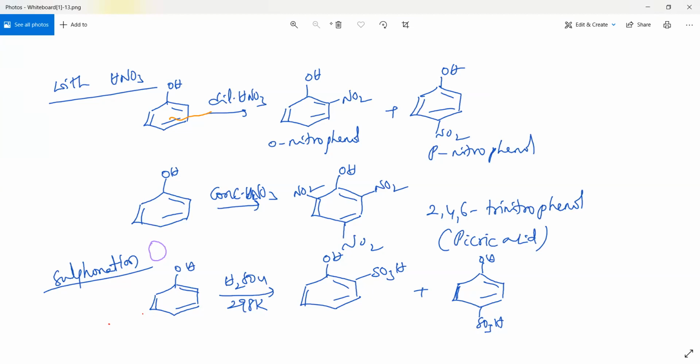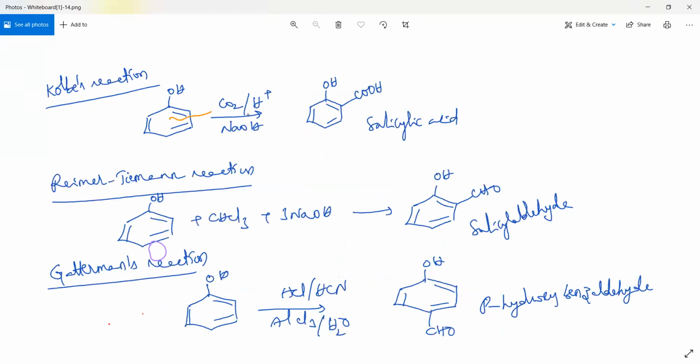Then sulfonation, an electrophilic substitution. By using concentrated H2SO4, the electrophile SO3H is substituted at ortho and para positions. Next, Kolbe's reaction.